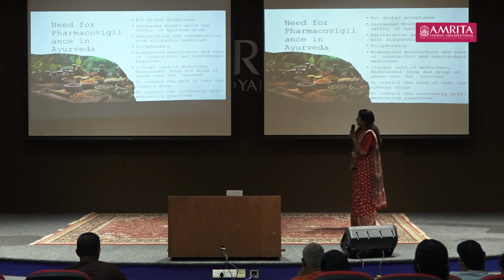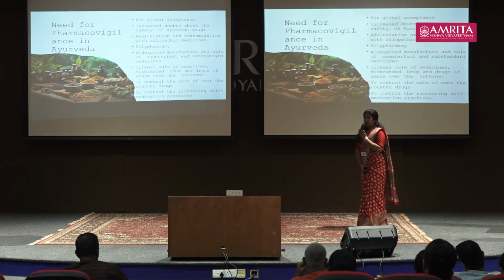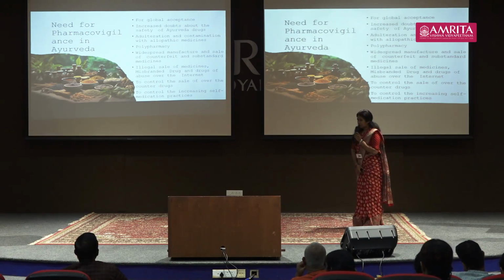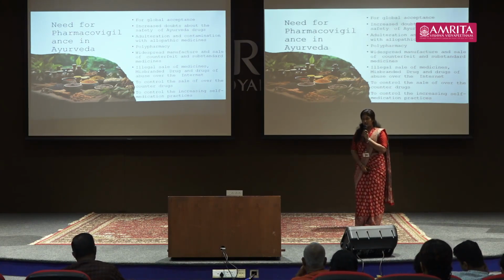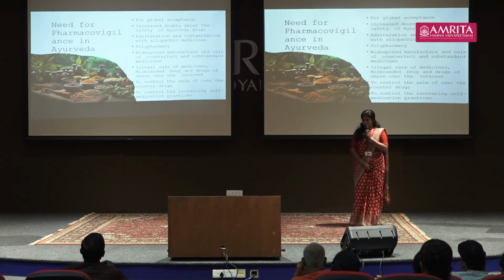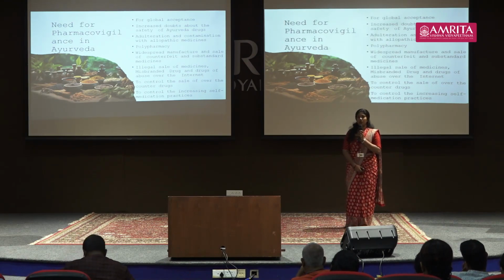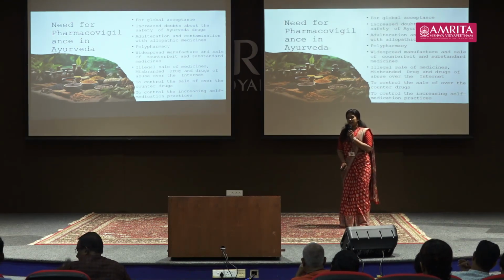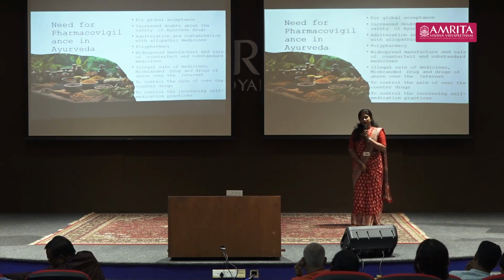Then again, there are adulterations and contaminations happening in Ayurvedic medicines with allopathic medicine. So to put a control over this, we need the particular system of pharmacovigilance. Then again, polypharmacy is another thing in which patients have a tendency to take different systems of medicines, and this may ultimately lead to drug interactions leading to harmful effects in the patient.